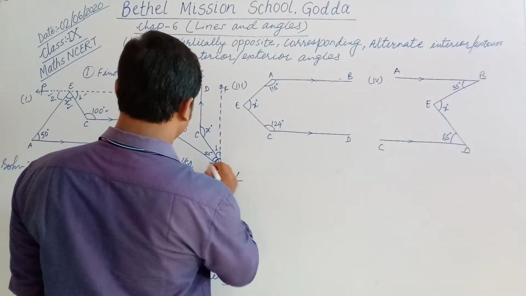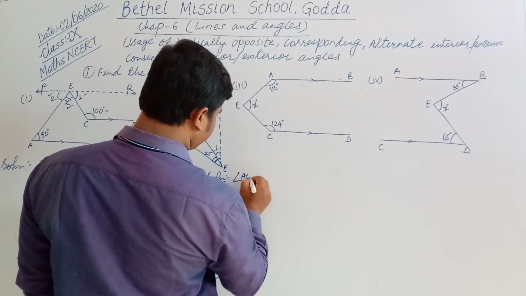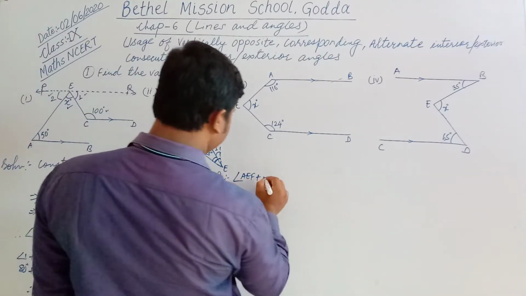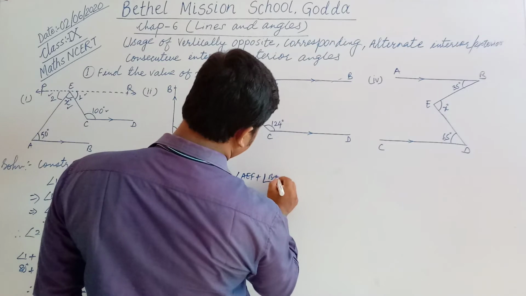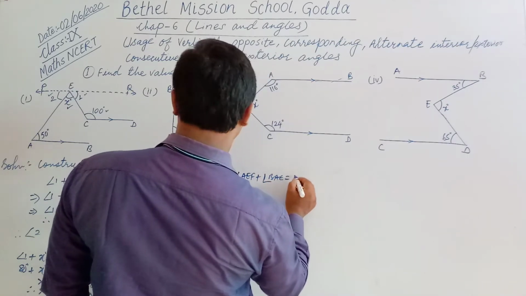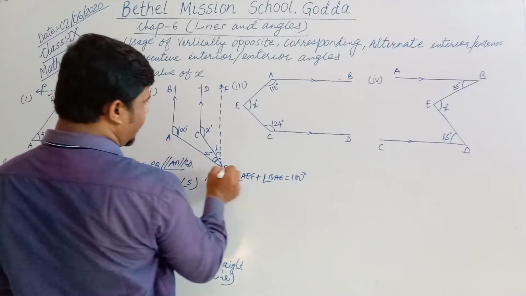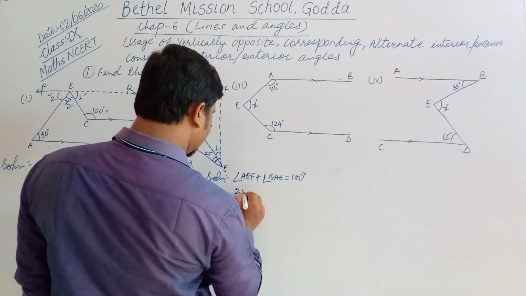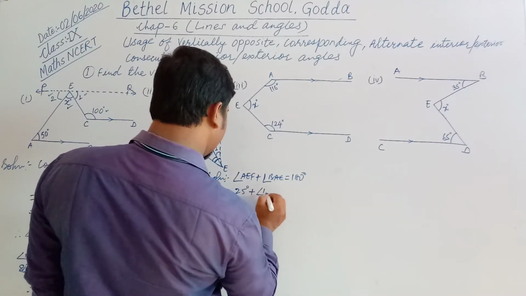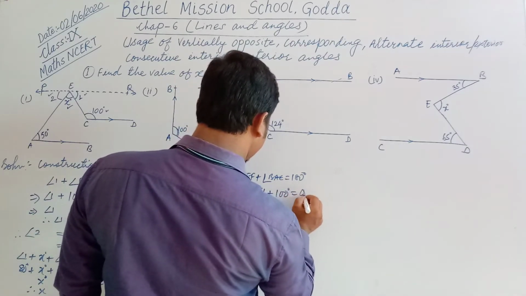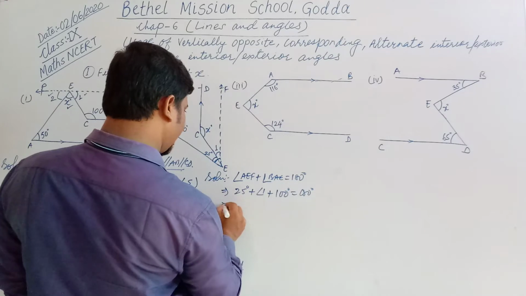Angle AEF plus angle BAE equal to 180 degrees. Angle AEF is 25 degrees plus angle 1 plus 100 degrees equal to 180 degrees.